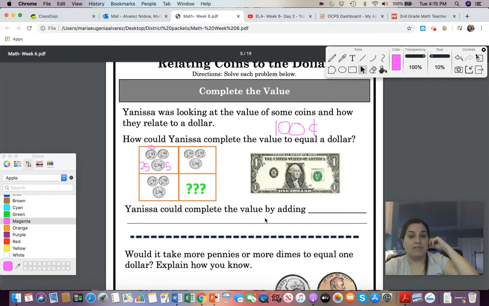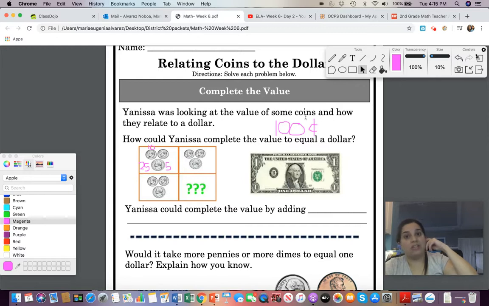All right, I gave you a lot of hints. I reminded you that this is 100 cents, and I gave you the values of these coins because sometimes it's tricky to see them on paper. Use your coin cutouts, the ones that you cut out yesterday. Use them to figure out how much more Yanisa needs in order to get to $1 or 100 cents. That will help you a lot.